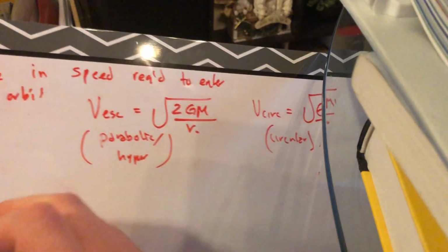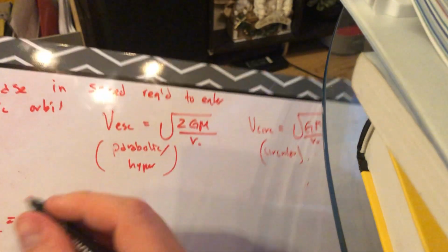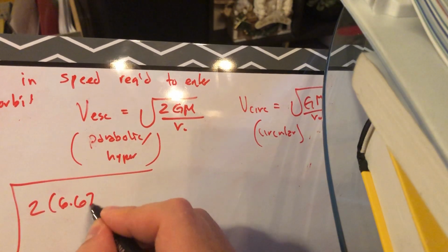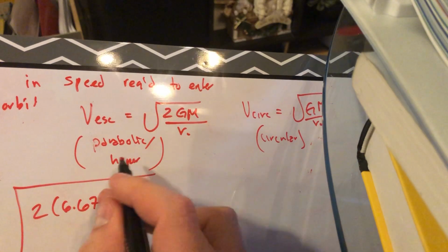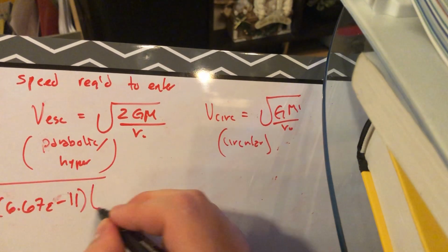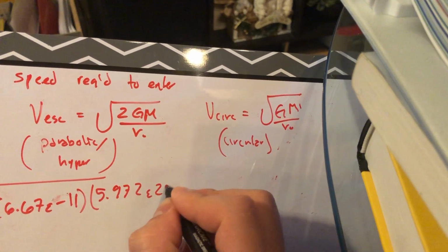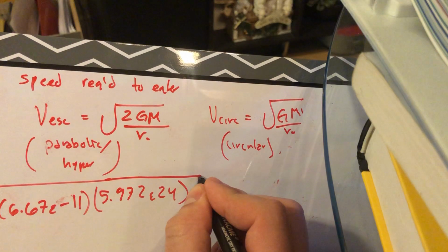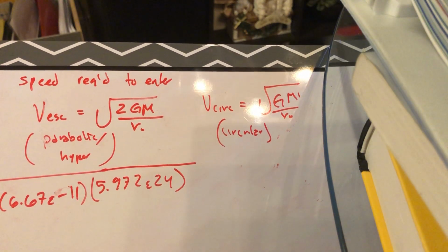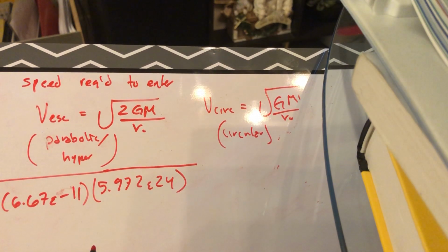So let's figure out our escape velocity. V escape is equal to the square root of 2 times 6.67e-11, and then 5.972e24, which is the mass of the Earth.